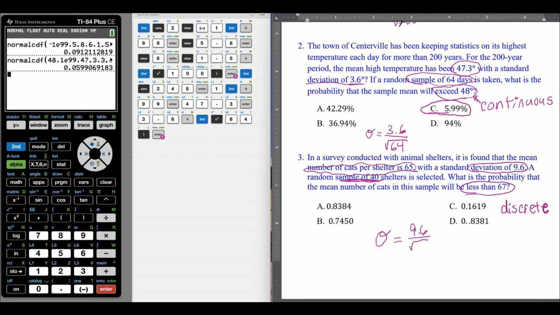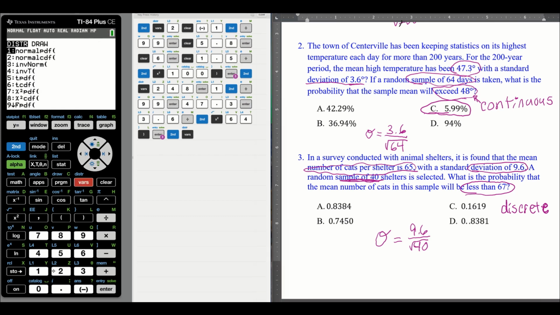Okay, and we need our 40. Let's put that in the calculator and see how it comes out. Second vars 2. Okay, less than 67. And it's discrete. So we're going to have to adjust that number, but it's less. So we need our -1 second E99.